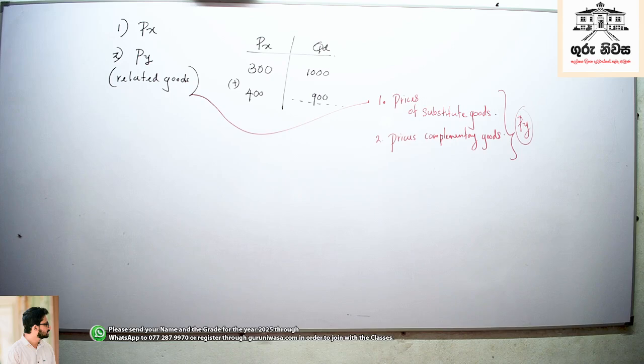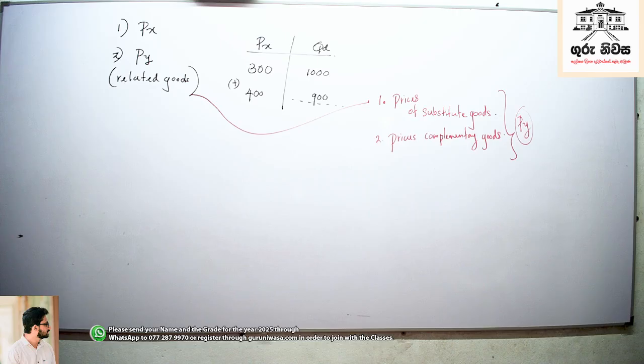What else? Tea and coffee. Very good. If coffee is not available in a cafe, you can buy tea. Then coconut oil and palm oil, but in Sri Lanka only palm oil is available. These are substitute goods.